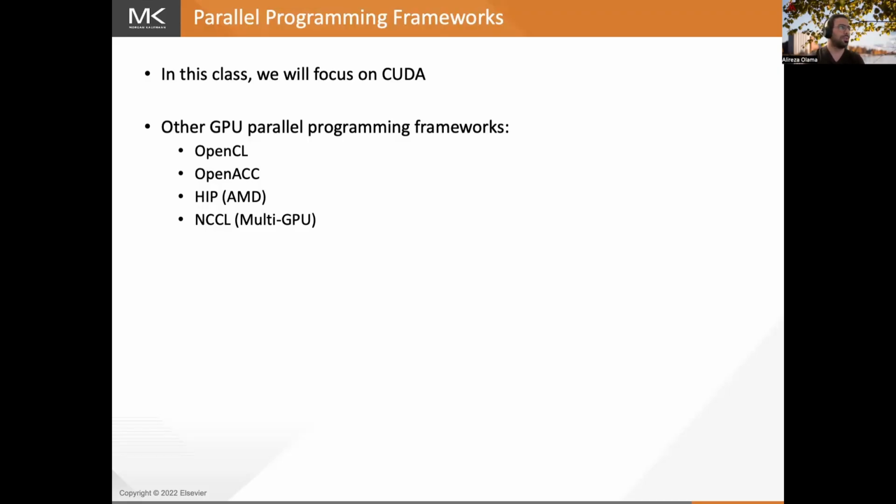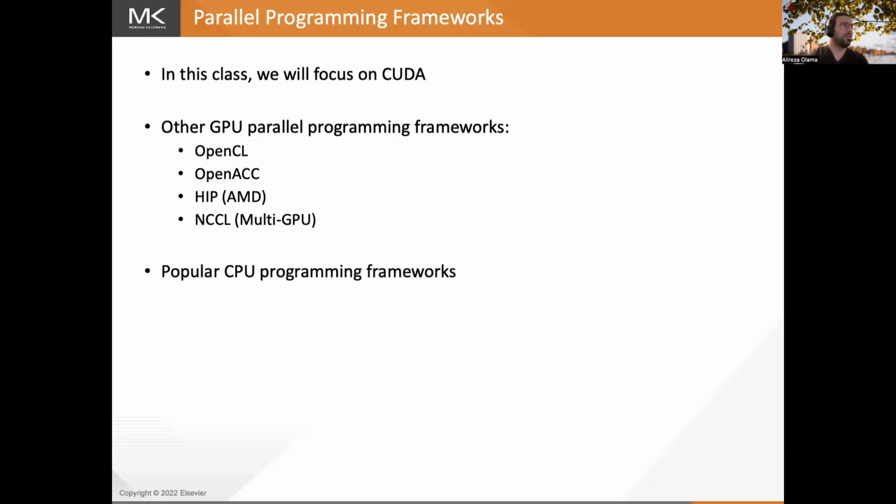OpenCL is kind of similar to CUDA, but with OpenACC, you just write compiler directives. It is similar to OpenMP if you have worked with it. And then there is HIP, which is mostly used for AMD GPUs, and also NCCL, which is used for writing multi-GPU applications when it comes to NVIDIA clusters. In this course, we focus on CUDA, but using the others is kind of similar. Not OpenACC, but OpenCL and HIP are kind of similar to CUDA.